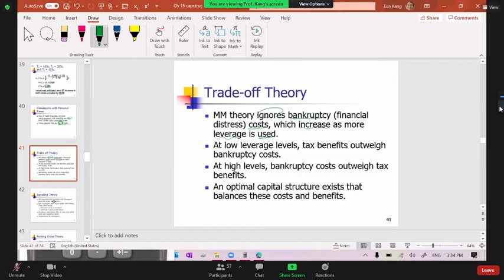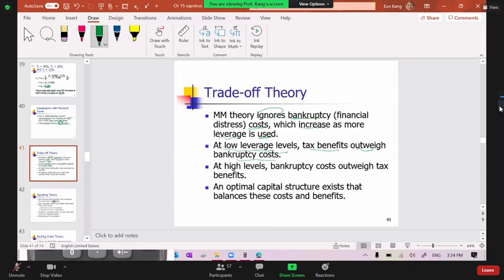At low leverage levels, tax benefits outweigh bankruptcy costs. That is, at very low leverage, you borrow a small amount, then the tax benefit is strong, right? Just debt times tax, but a very small amount. So bankruptcy risk is still small.